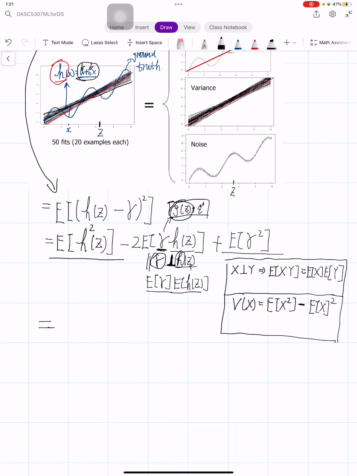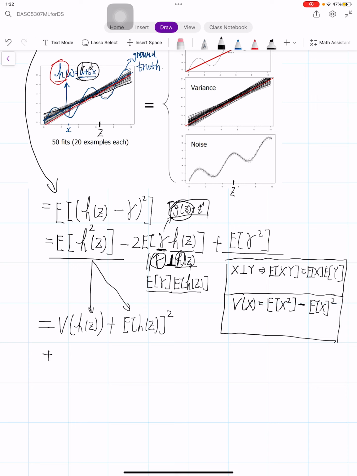So the first term we can write as the variance of h(z) plus the expected value of h(z) squared. Okay, so this is the first term, right?